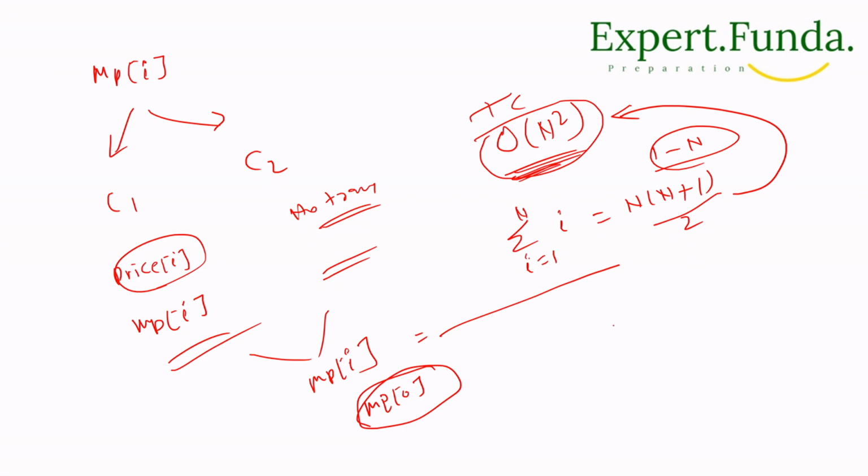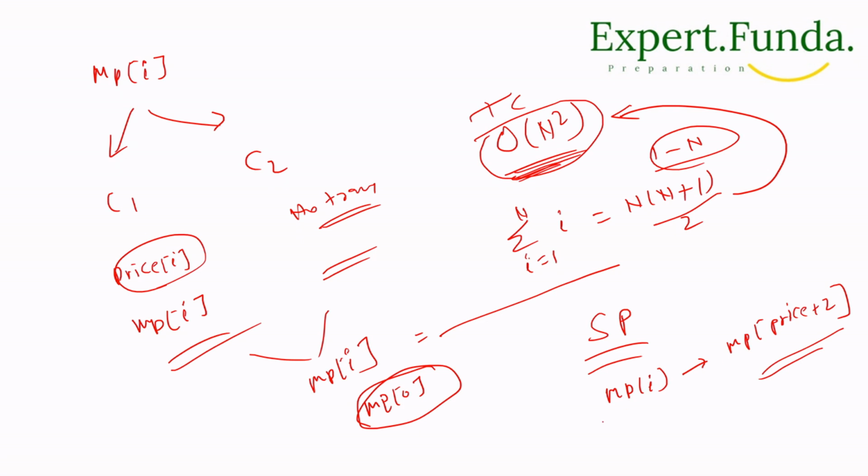We are not taking any extra space, but we have to hold the array. For the space complexity, we are holding MP of I, whose size is the price size plus 2. We'll see the program just now.